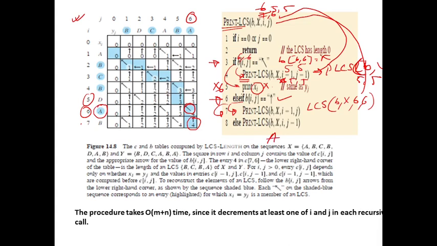Then it has gone to 5, 5, which is again an upward arrow. So if it is an upward arrow, again it will come here to 4, 5.